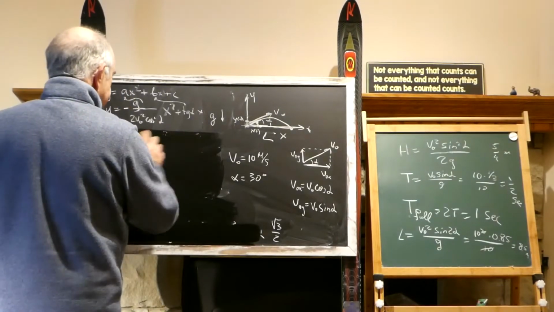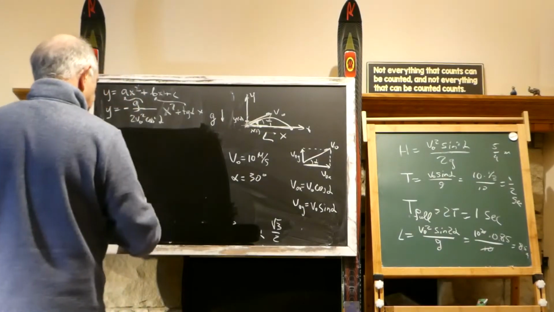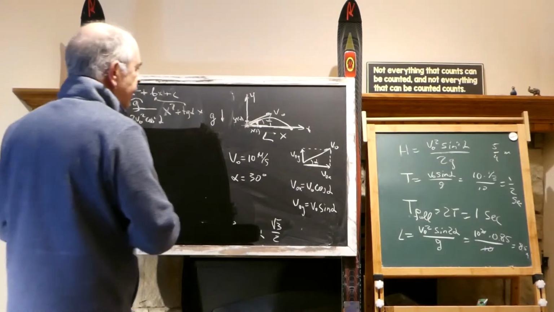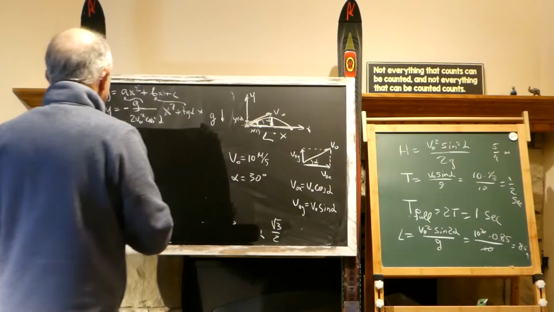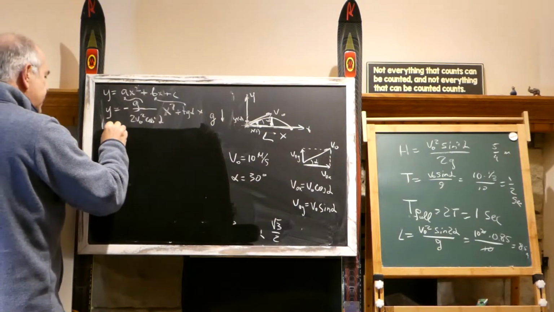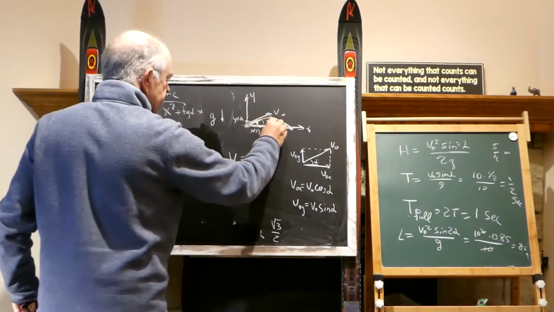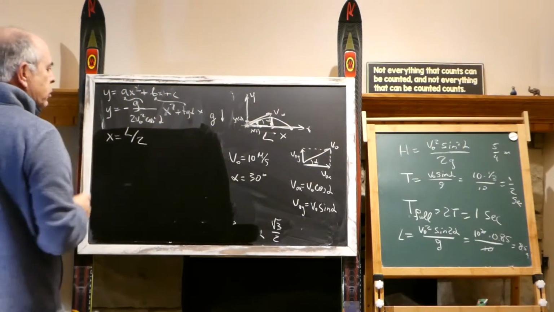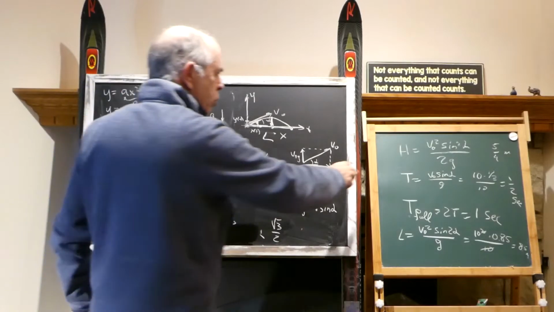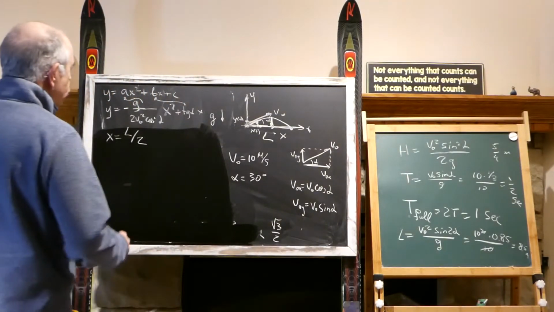And I want to see on this graph what is the maximum height. Maximum height is here. It is when x equal L divided over 2. This is this point. I plug this number here, and I should receive the h, which should be like this, right? So let's try to do it.